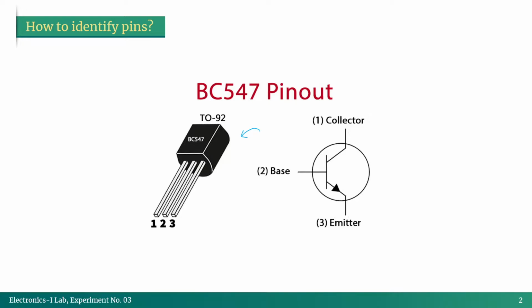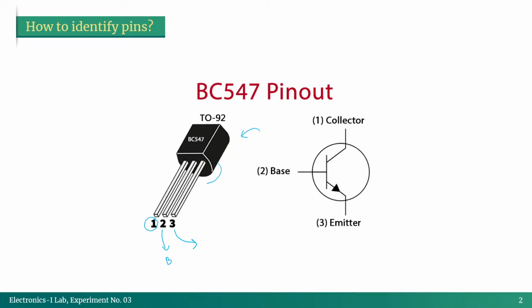You see the whole device looks kind of rounded at the bottom, but at the top there's a flat surface, right? If you face this front part, the flat part, to yourself, then the left pin should be our collector, the middle one should be our base, and the last one, the right one, should be the emitter.